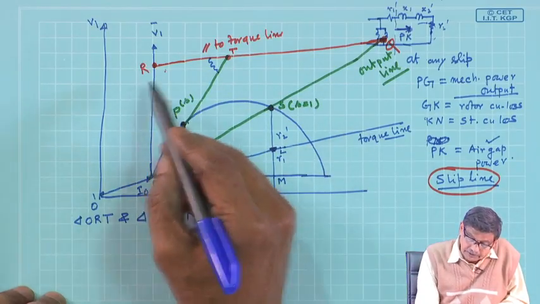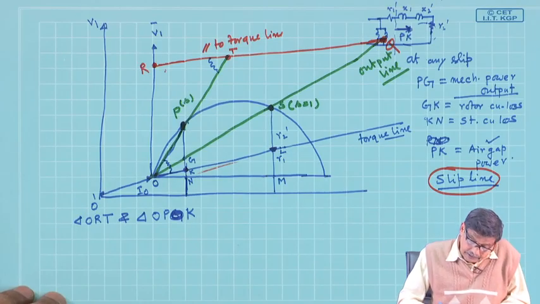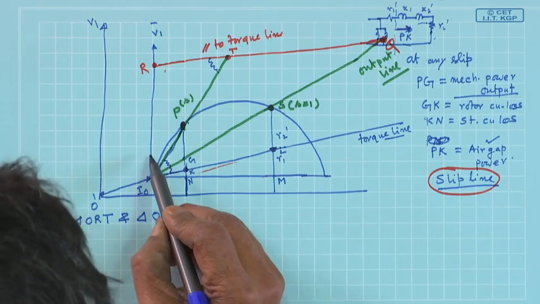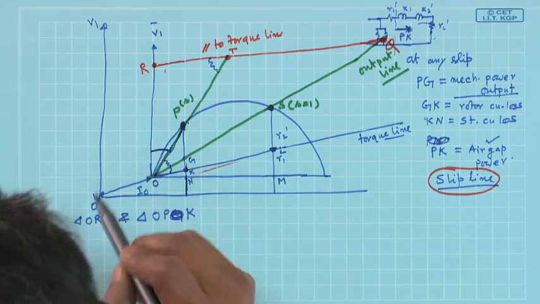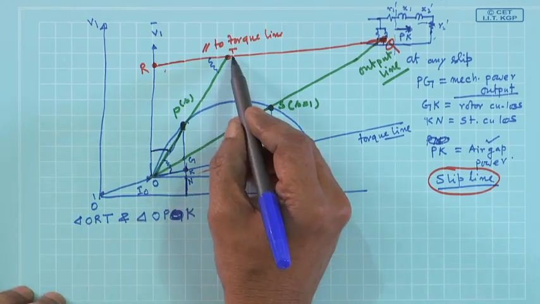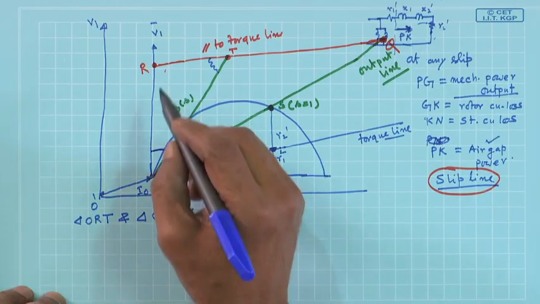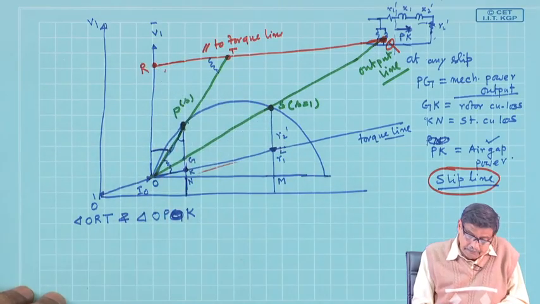This is parallel to the torque line, is not? And also you know this angle of this big triangle is equal to this angle, and the third angle will be equal as well.